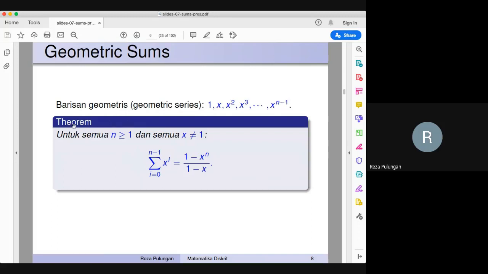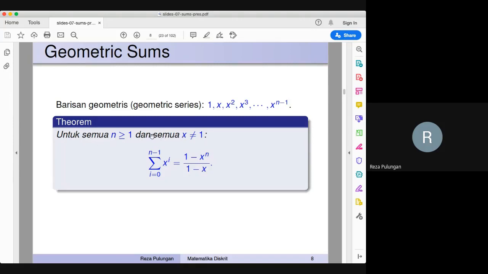And there is a theorem which says that for all n more or equal to 1, so n must be at least 1, and for all x not equal to 1, pay attention to this one. This is important. x cannot be 1. If x is exactly equal to 1, then this will have a problem, because 1 minus 1 will produce 0 here, and we cannot deal with that.